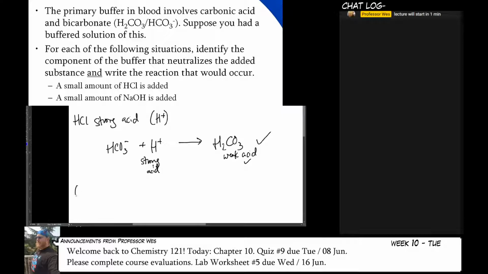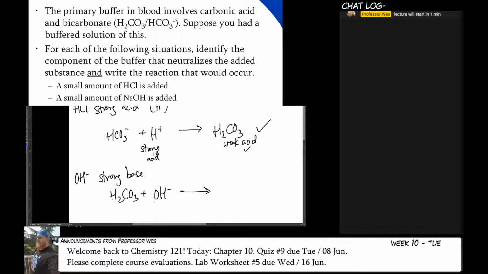But if I added hydroxide instead, which is a strong base, which part of the buffer will react with that? Well, it will be the carbonic acid part, because it's the weak acid. This is my strong base.